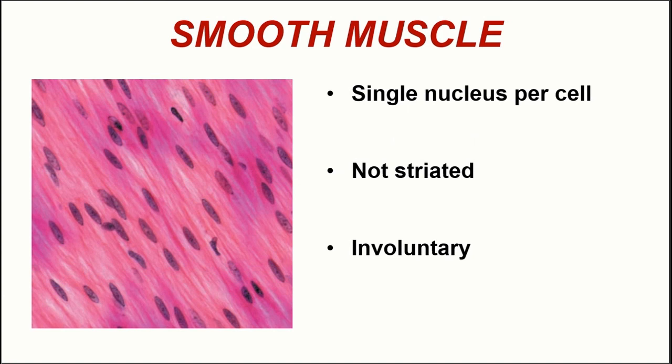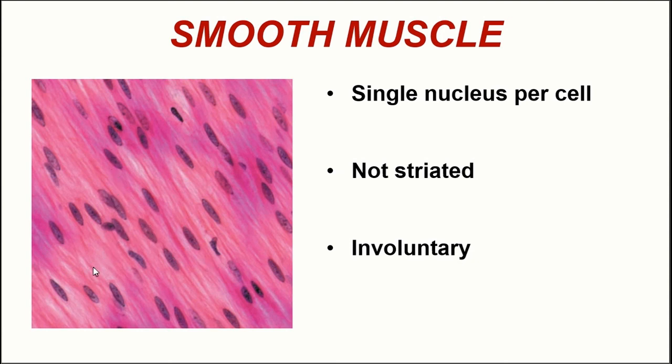So the properties of smooth muscle: we see that smooth muscle cells are small, thin, and thread-like, and it's kind of hard to make the distinction between individual smooth muscle cells in this image here, but you get these small thread-like cells, and there's one nucleus per cell here. So the nucleus is this dark purple kind of rod-shaped organelle that you see there.